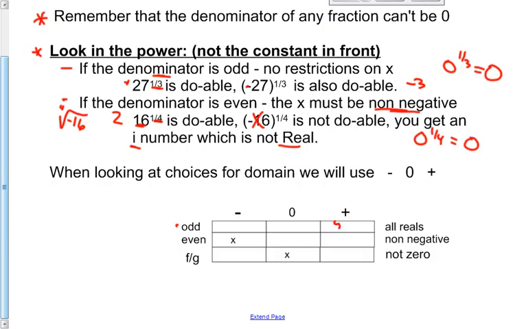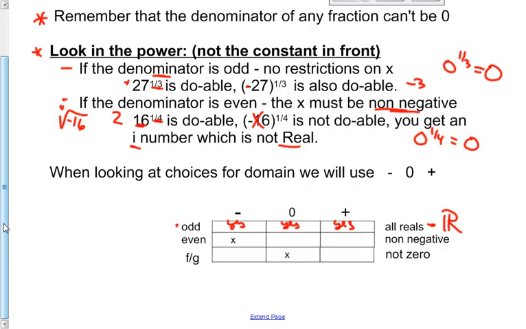That would work, yes. I could do 0 raised to the 1/3. That would work, yes. I could do negative 27 raised to the 1/3. I get negative 3, so yes, negative numbers work. So for any odd power, I could put in anything I want for my domain. That's called all real numbers. A lot of times we'll use this symbol, capital R with 2 bars, all real numbers.